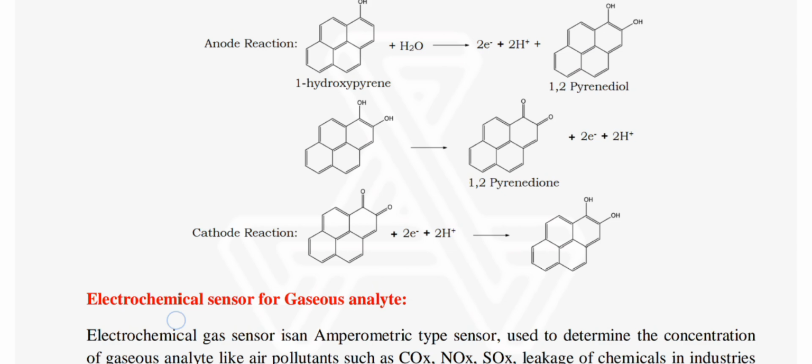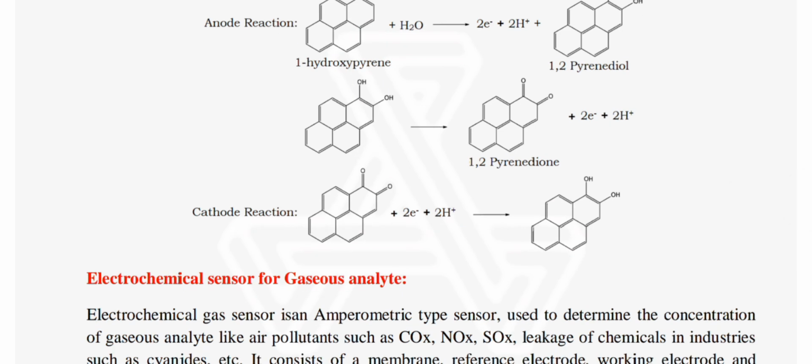Electrode reactions. Here, the anode reaction is given as 1-hydroxypyrene plus water, giving 2 electrons plus 2 protons, that is 2H+ ions, and 1,2-pyrenediol, where another OH attached to this 1-hydroxypyrene is called 1,2-pyrenediol. 1,2-pyrenediol then becomes an intermediate stage.